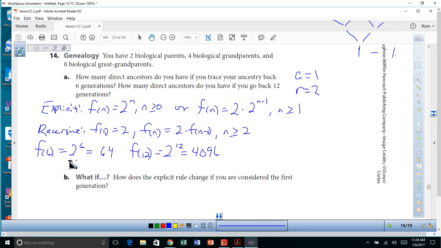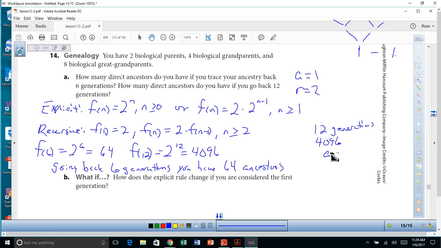So if you go back 6 generations, you have 64 ancestors. And if you go back 12 generations, you have 4,096 ancestors. All right.